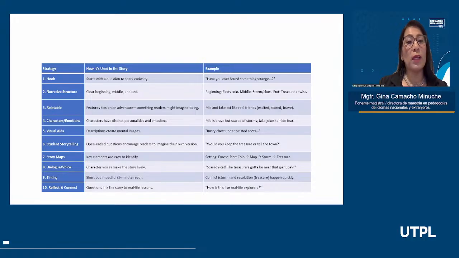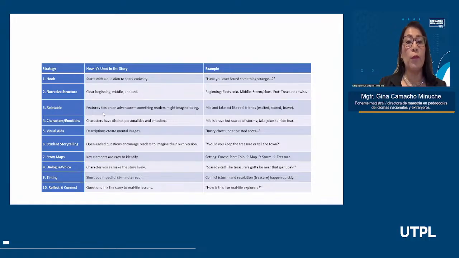Narrative structure, clear beginning, middle, and end. The beginning can be finds coin, the middle, there was a storm with loss, rainy, and the end would be it was a treasure. Okay? Just by giving them those words, they can build up the whole story.